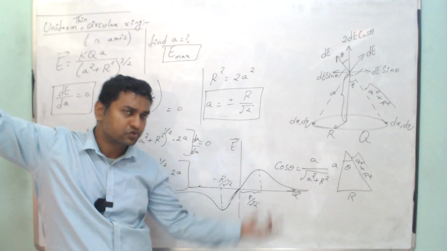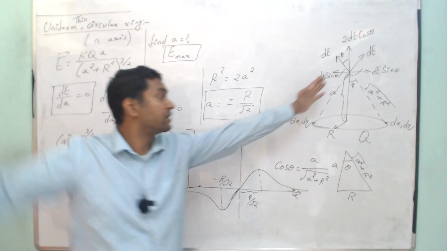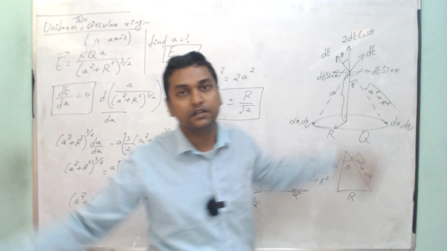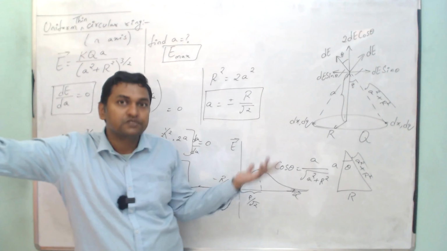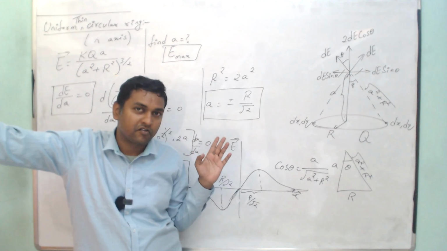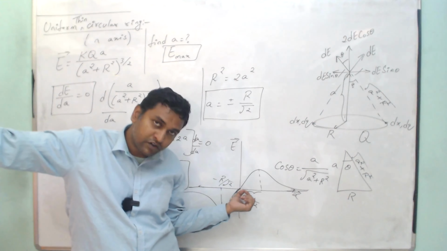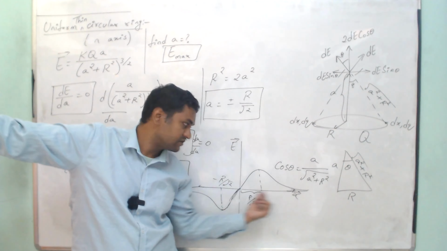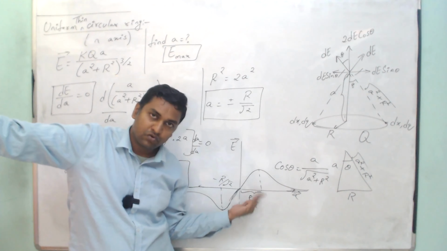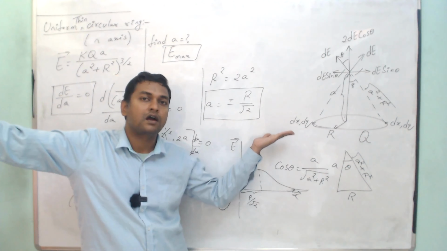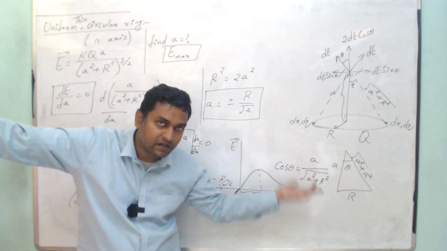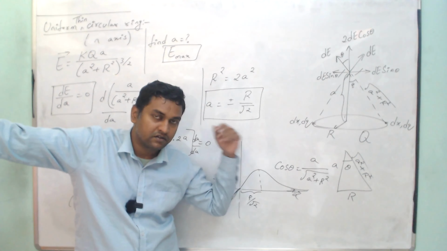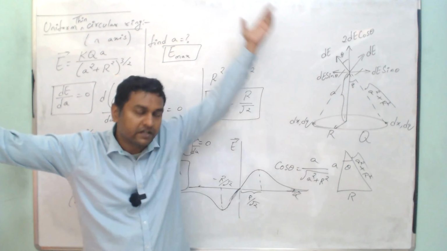You know electric field is in the upward direction, 2d cos theta. Upward is a positive vector. So as I'm moving in the positive a direction, I'll have to go up only, then come down. Why am I coming down? Because electric field again at infinity will be zero.